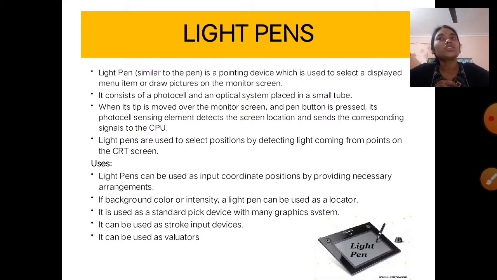It consists of a photocell and an optical system placed in a small tube. When its tip is moved over the monitor screen and the pen button is pressed, its photocell sensing element detects the screen location and sends the corresponding signals to the CPU.